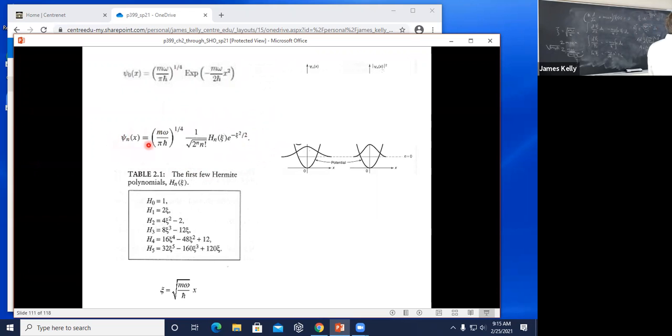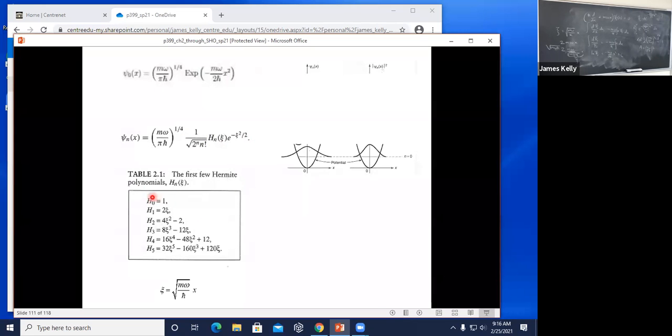This is the formula for all the psi n's starting at n equals 0. N equals 0 is the ground state. Traditionally, we label the ground state with a 0 index for the harmonic oscillator. Ignoring the huge constant out in front, which is a normalization constant, what we have is a polynomial, that's what the Hn is, some polynomial of xi, and xi is proportional to x, so you can think of this as a polynomial in x too, times a Gaussian, e to the minus xi squared over 2.